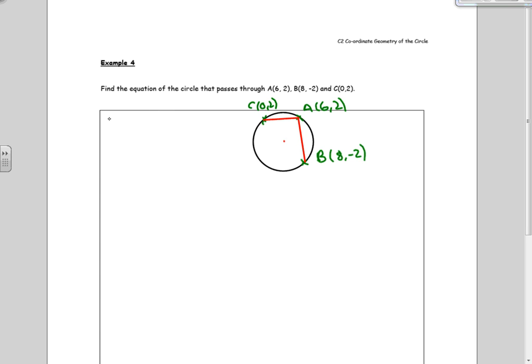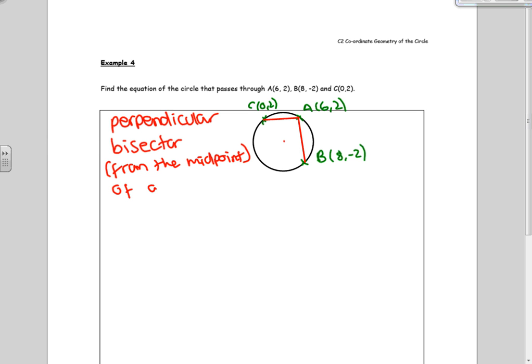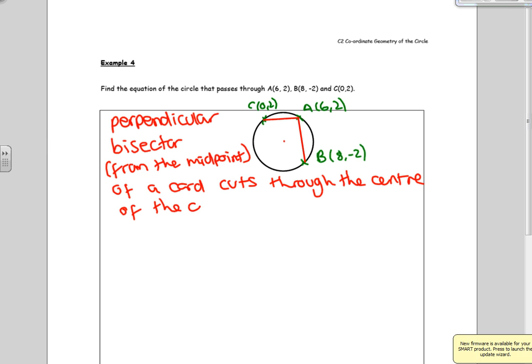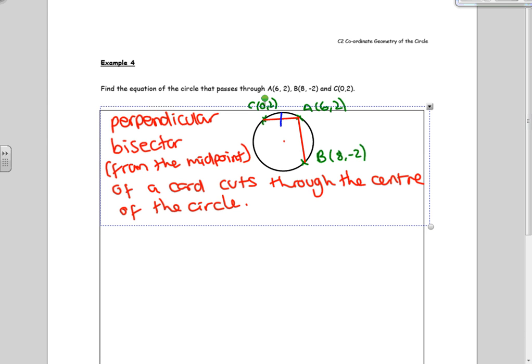Because we know that the perpendicular bisector, so from the midpoint of a chord, cuts through the center of the circle, which means that if we go from the midpoint on this line CA, if we cut down that midpoint, we will hit the center of our circle.